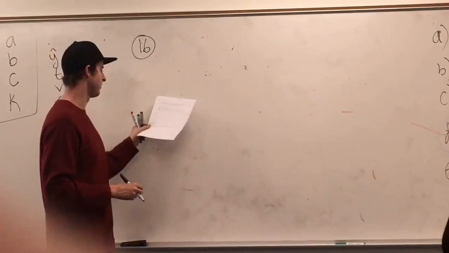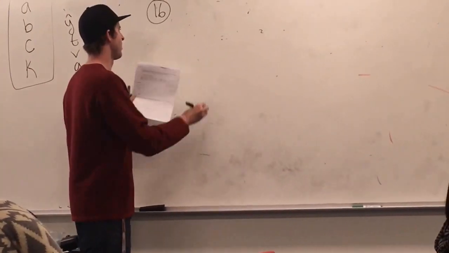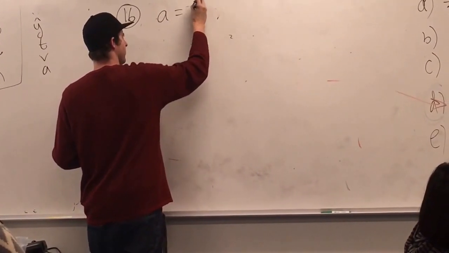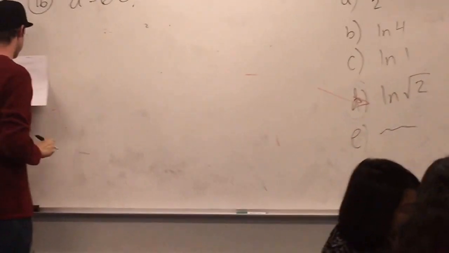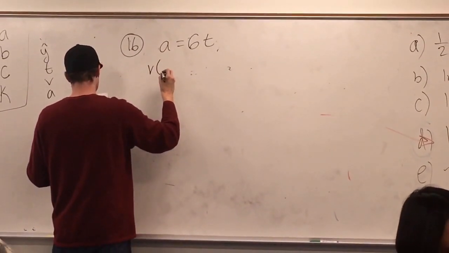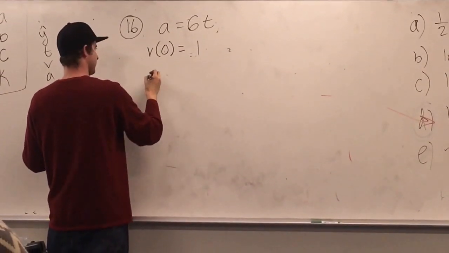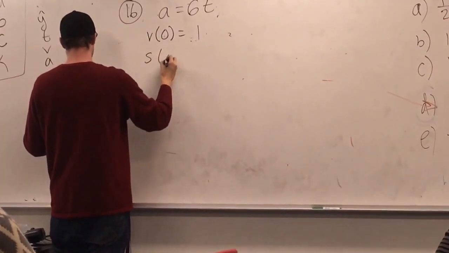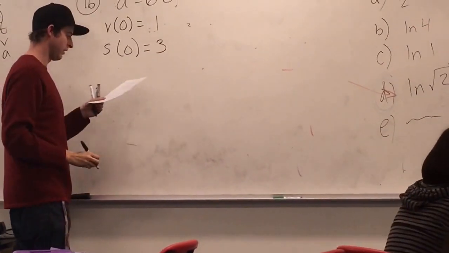so 16, the acceleration of a particle moving along a straight line is given by a equals 6t, and it says the velocity at 0 is equal to 1, and its distance at 0 is equal to 3.